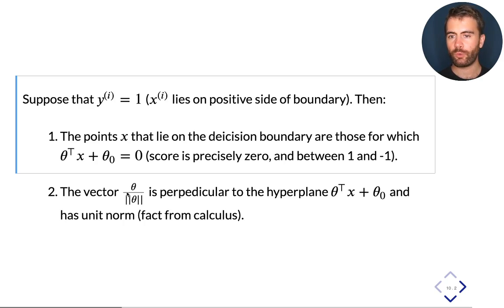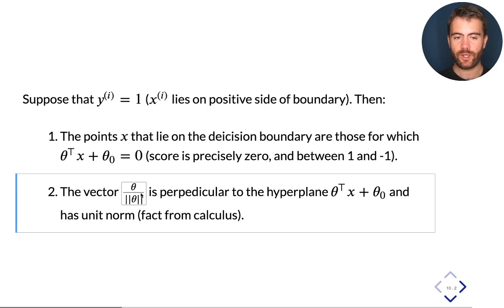And it has unit norm. It has unit norm just by construction, because here I'm dividing by the norm, therefore it has to have unit norm. And the fact that it is perpendicular to the hyperplane is just a fact from calculus that you can easily verify.